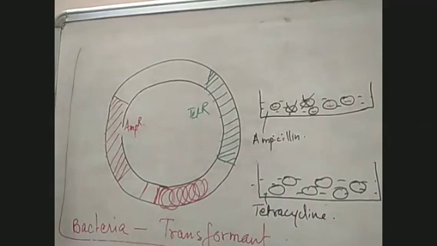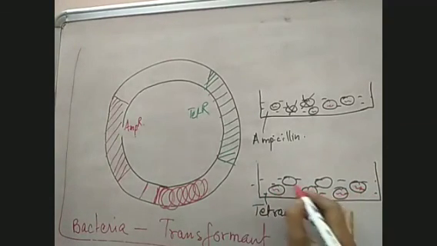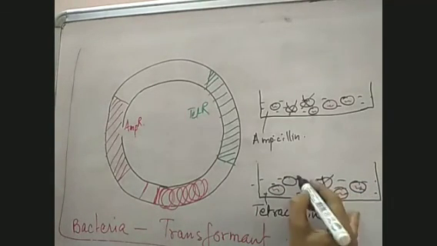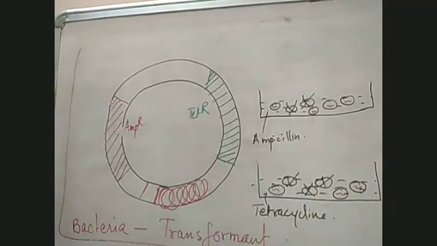Now, out of all, some of them are transformants. Say these three are transformants. Now, what will happen? When it is grown in a medium with tetracycline, the transformants will survive, whereas non-transformants will die. So we'll be able to separate the transformants from non-transformants.